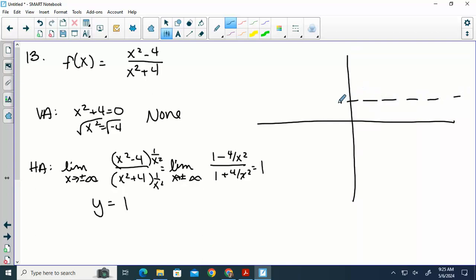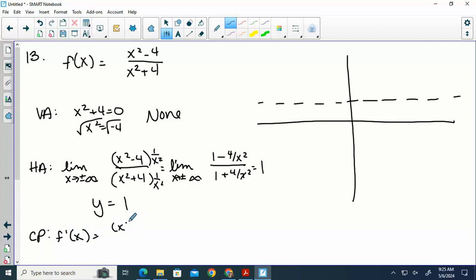Okay, so I've got that part. Next thing on my list, critical points. So how do we find critical points? Derivative equal to 0. So I have to do quotient rule.